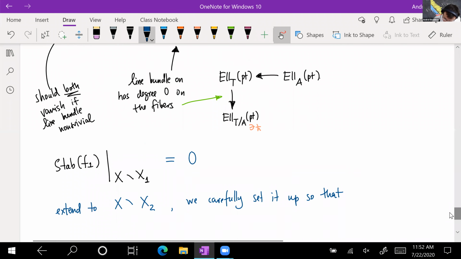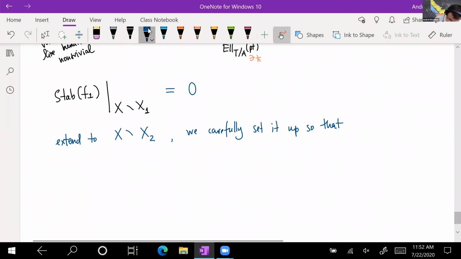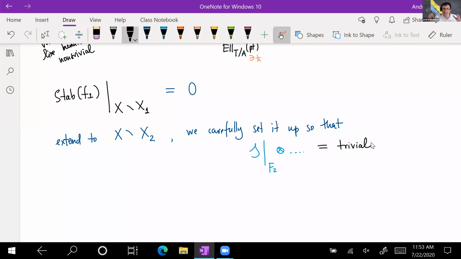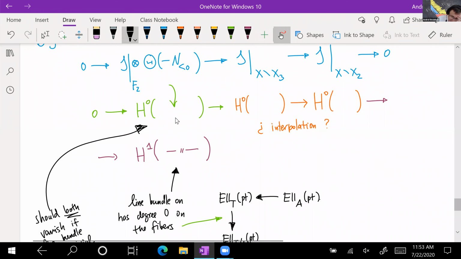So that term, S restricted to F1, tensor whatever, is exactly trivial. And so in that sense there is some section here, and that is the section we're going to pick up.